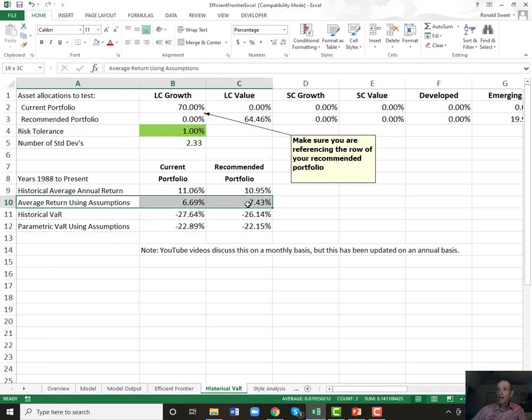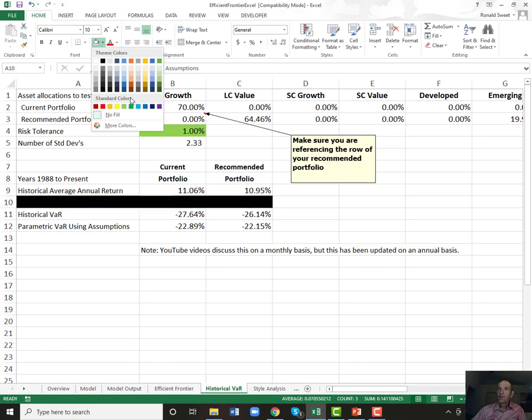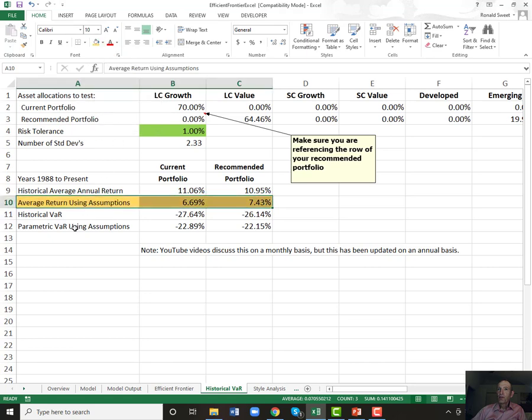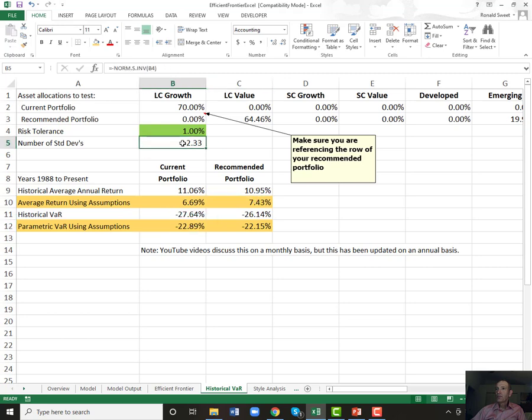So if you look at the parametric numbers, I'll put them in orange. The parametric numbers look just like the graph. Our risk is almost identical, not exactly identical. The reason it's not exactly identical is because the returns are different. Remember, the parametric VAR takes the expected return minus 2.33 standard deviations. So there's your parametric.